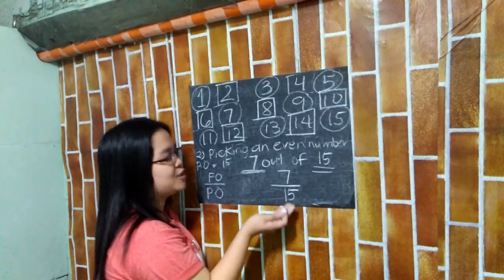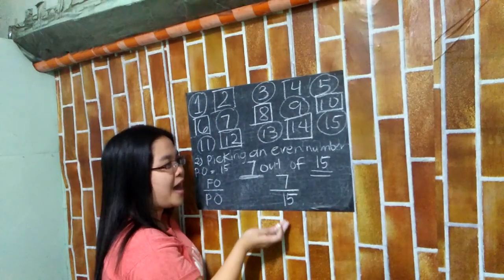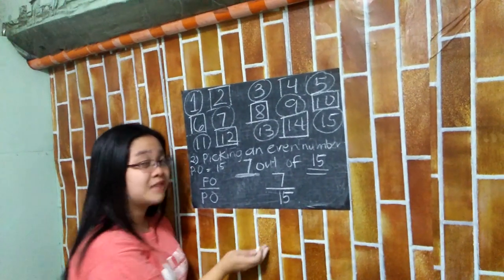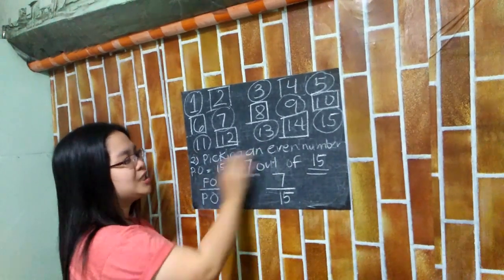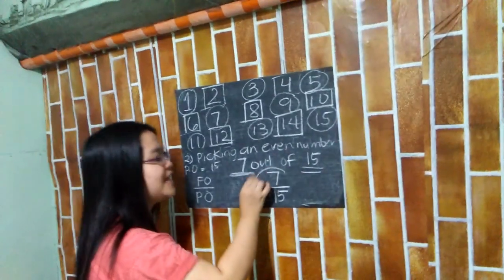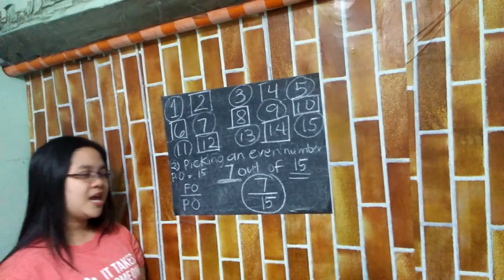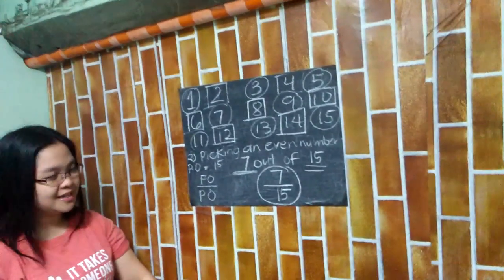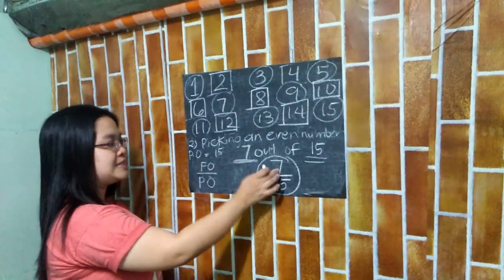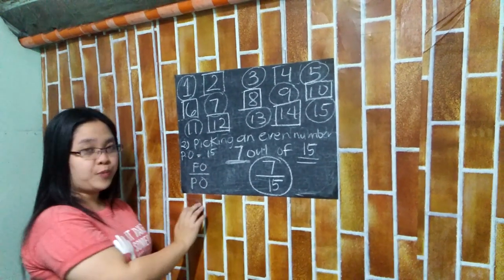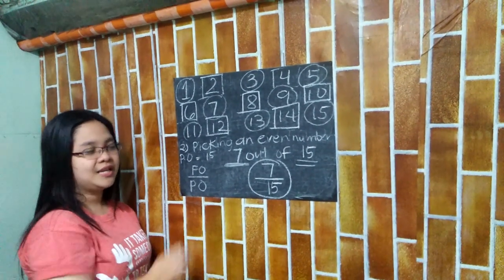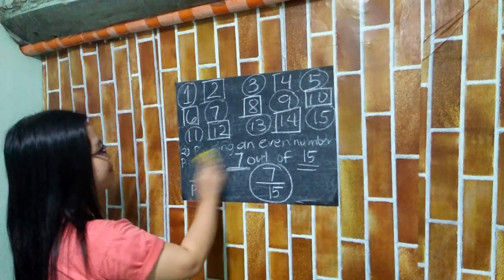But in this case, do we have a common factor between 7 and 15? None. So therefore, on this particular event, the probability is 7 over 15. Okay? 7 as our favorable outcome, and 15 as our possible outcome. Okay, another example.